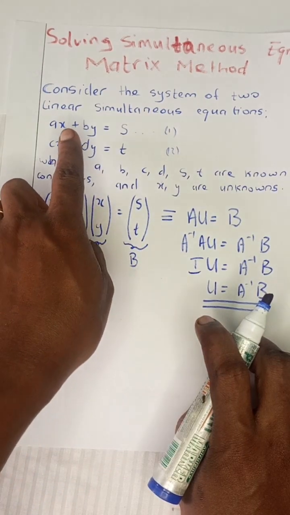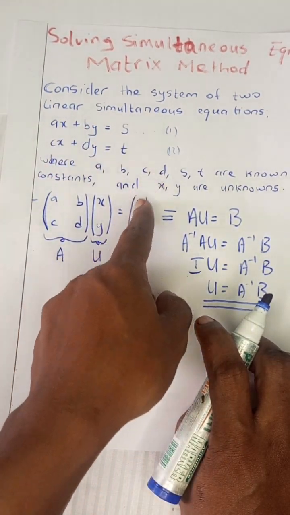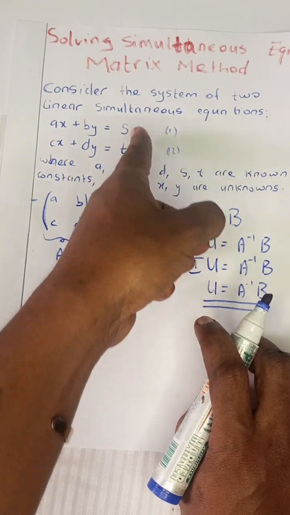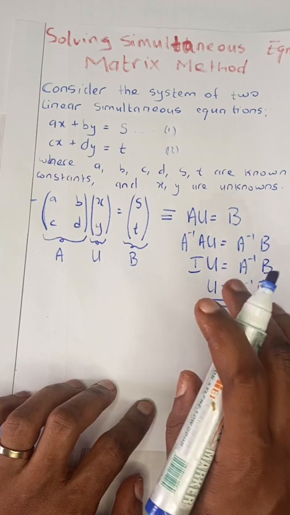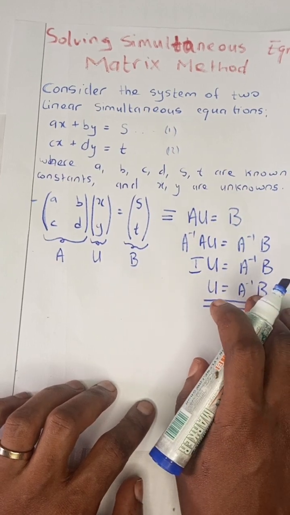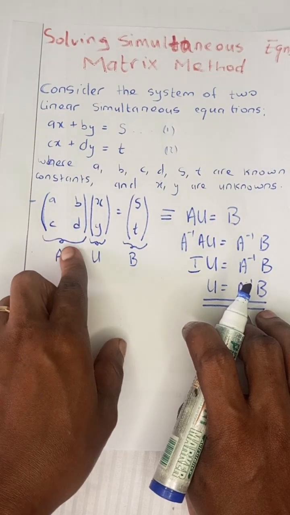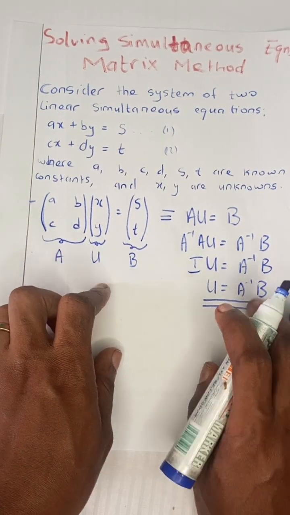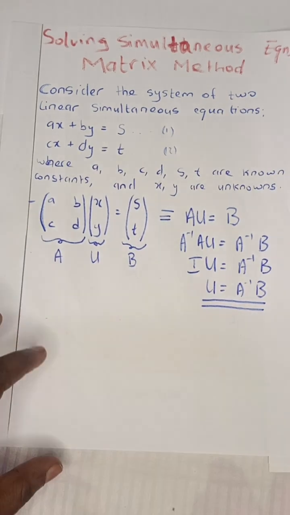The unknowns in this case are x and y, and then the matrix B will be the matrix of the right-hand side of our system. In order to get U, we simply do A inverse times B. That is, you find the inverse of the matrix of coefficients A, you multiply by B, and you're going to have the values of x and y.